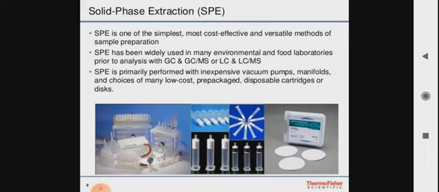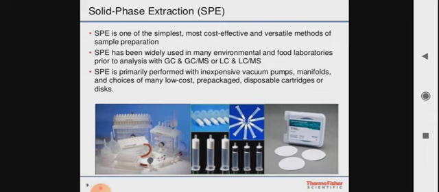So these are advanced analytical instruments. Before using a sample in these different instruments for analytical purposes, the solid phase extraction method is used for preparation of the analytes or preparation of the sample.